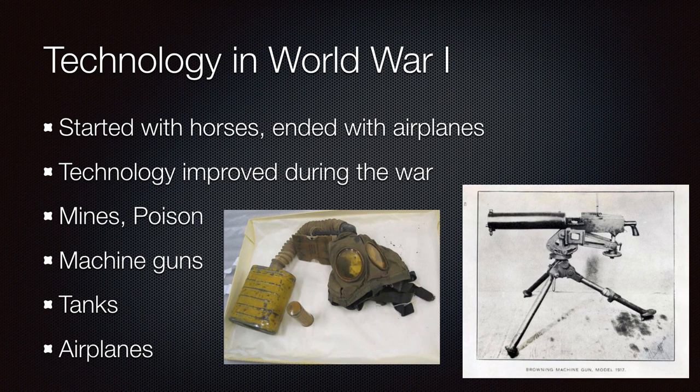Technology in World War I, it started with horses, and they rode in on horses and they rode out on airplanes. So technology improved vastly during the war, partially because it was a stalemate. They had to improve technology to be able to have any kind of effect during the war. So they came out with landmines, which is basically a bomb that you bury in what's called no man's land, which is the point between the two trenches, the trench of one army and the trench of the other army.